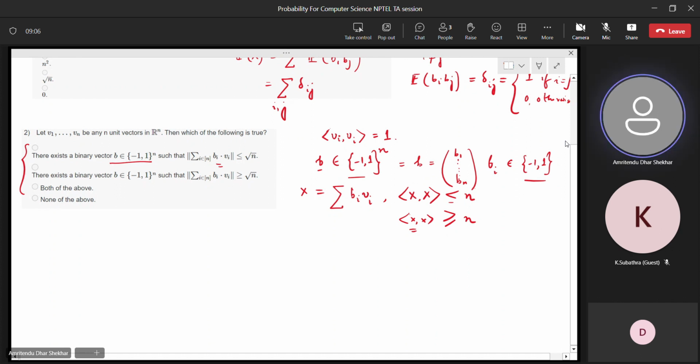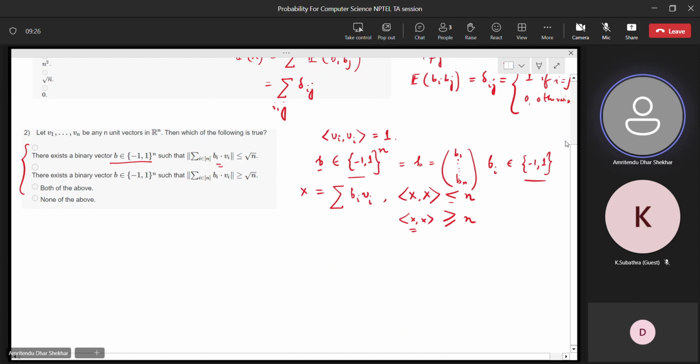And now this is not easy to answer otherwise. It is a problem in geometry, but it's not so simple to answer this question otherwise.